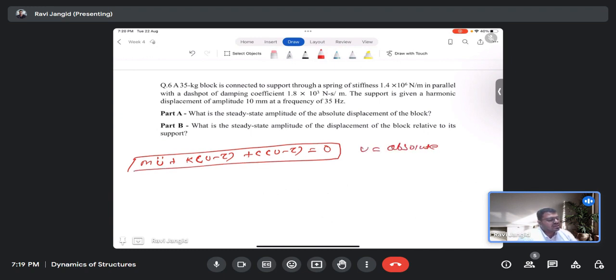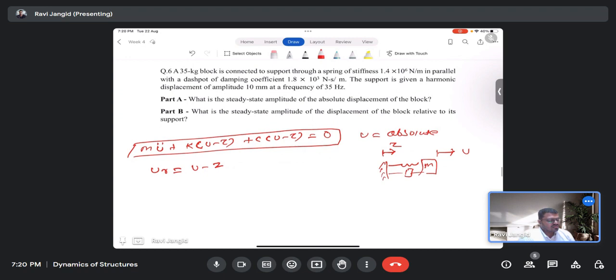In the second part, we need to find the steady state displacement of the block relative to its support. Let us suppose that was u, that was z. So my u relative would be u minus z.